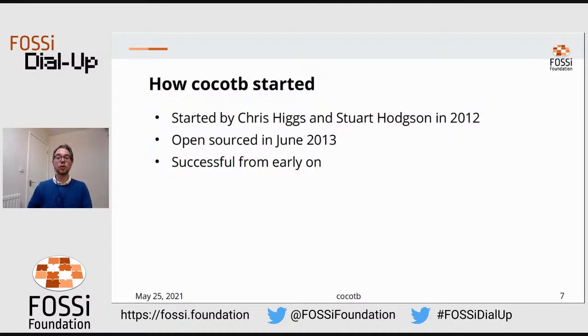So Cocotb was successful from very early on, not just for a very particular project, but also for a wider set of projects. People got interested in it because it was, and still is, filling a very interesting, at that time niche, but it's becoming a larger part of how we verify chips.